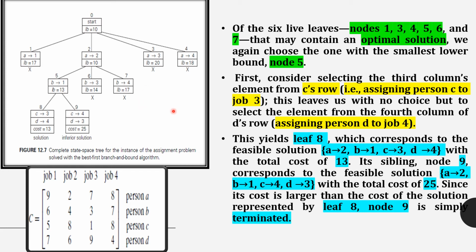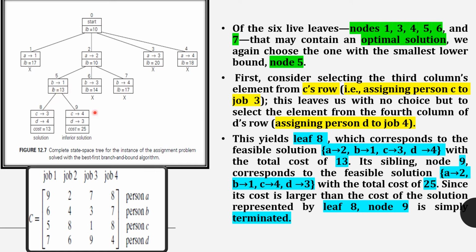The lower bound for node 1 is 17, for the third node is 20, for the fourth is 18, the fifth node is 13, the sixth is 14, and the seventh is 17. So we need to select the fifth node because its lower bound is 13. That's why I'm selecting this node and we have to branch out.